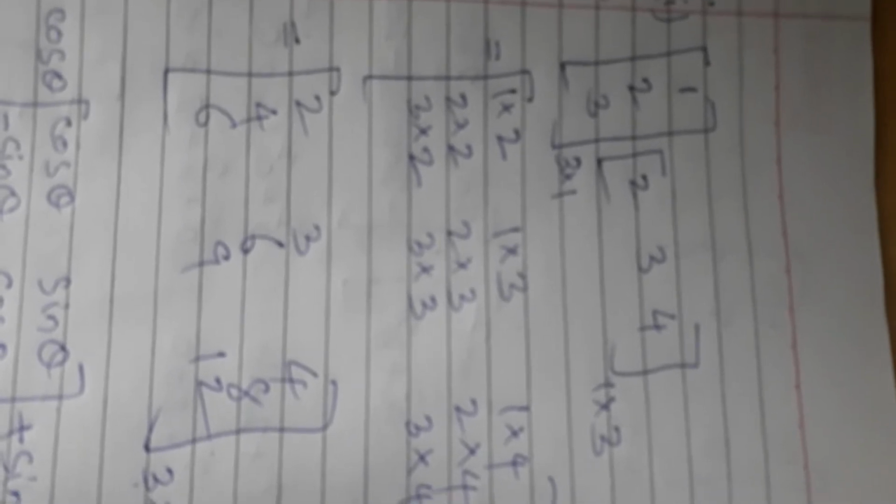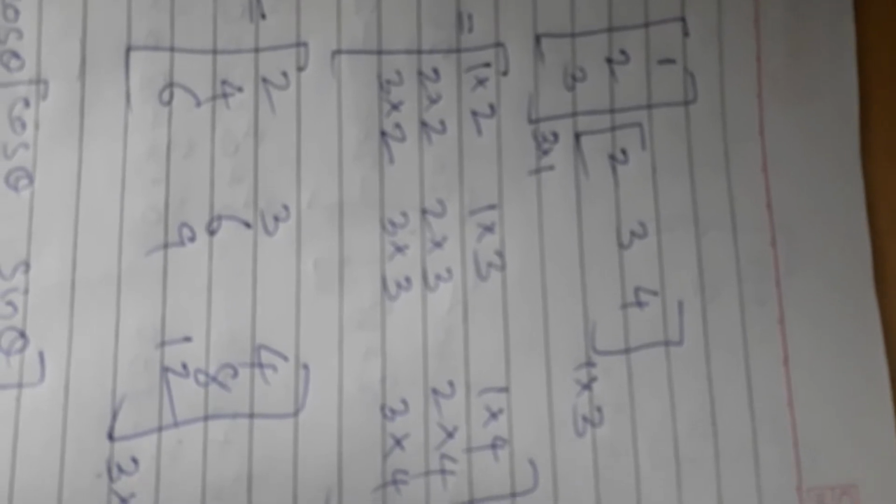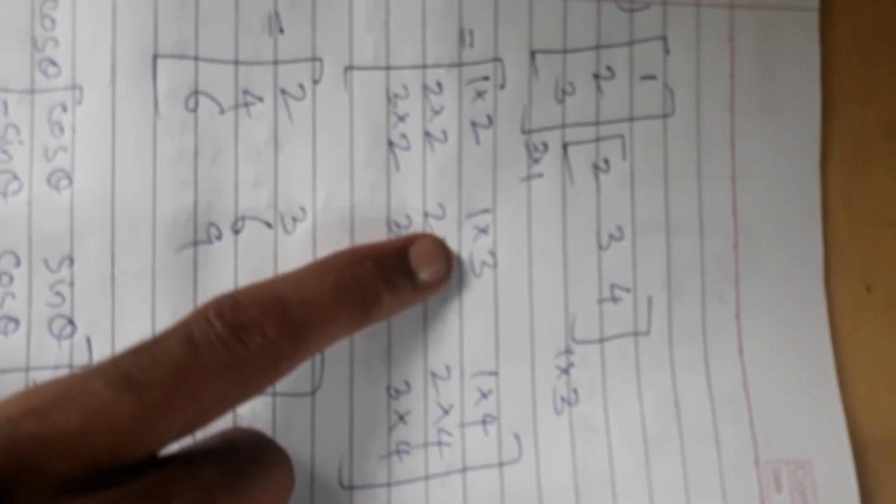Now we proceed with the third example, and there I have taken the second one, which consists of a column matrix multiplied with a row matrix. The column matrix order is 3 cross 1 and the row matrix order is 1 cross 3, so these two matrices can be multiplied. And how is this multiplication? Remember, first row first column will be A11, then first row second column will be A12, then first row third column will be A13.